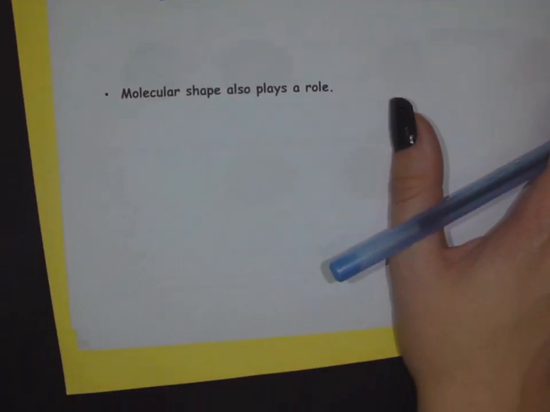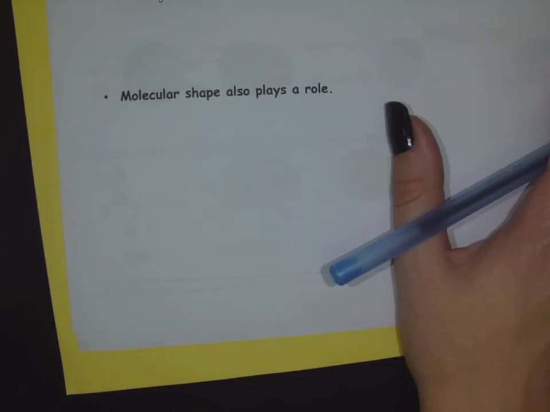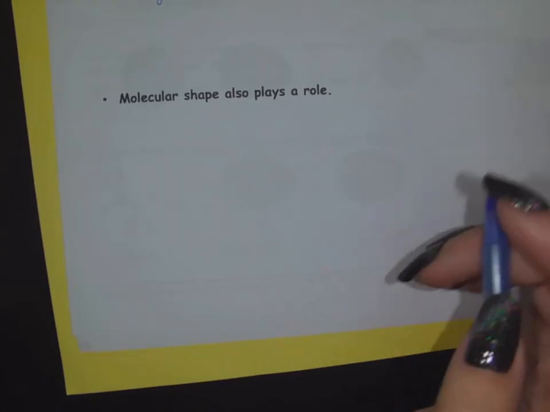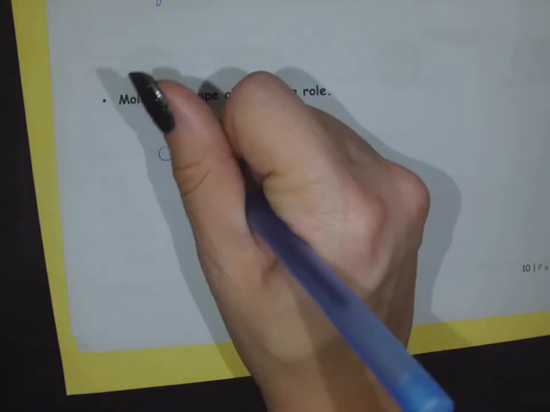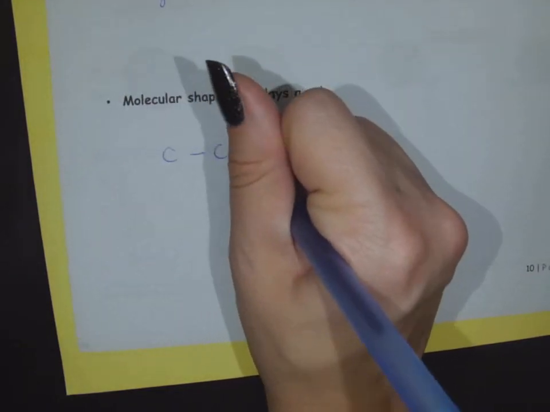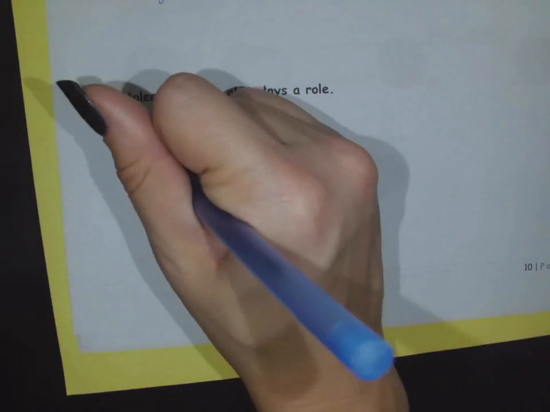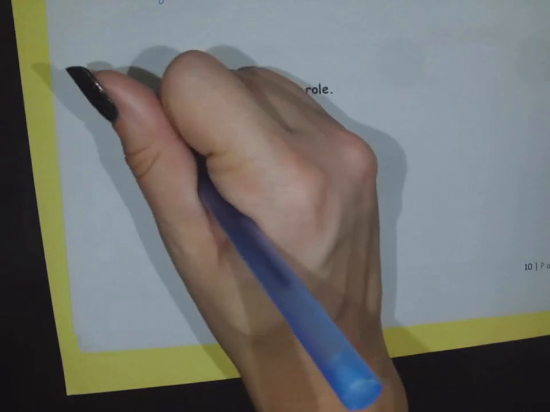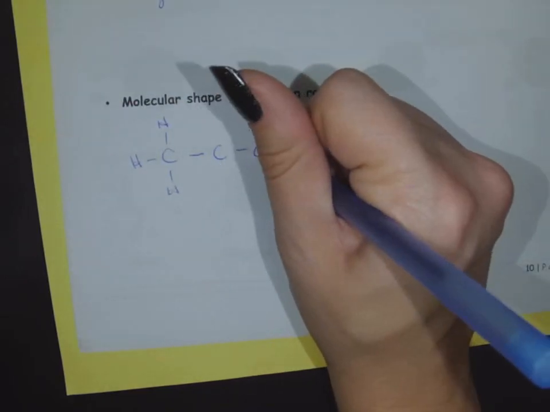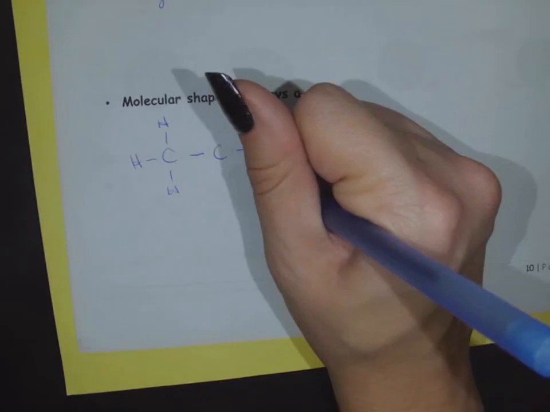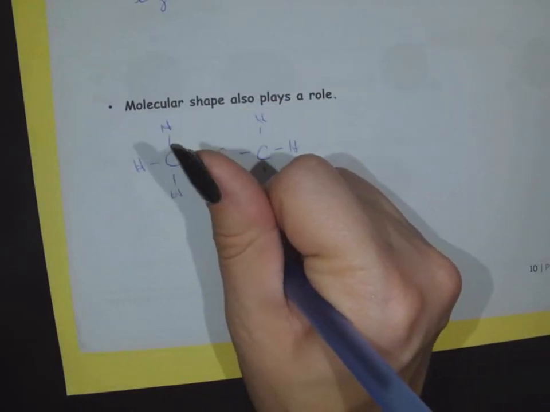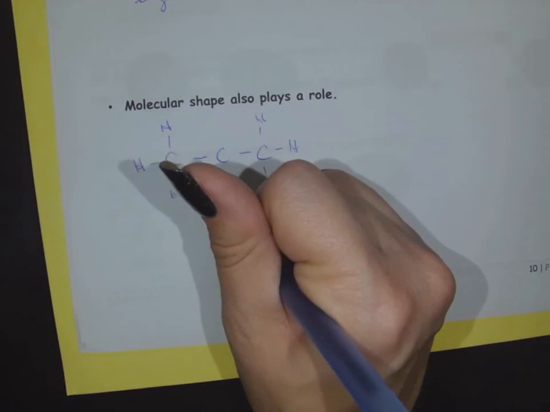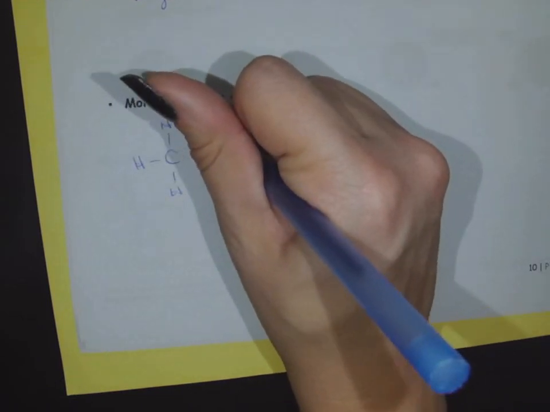Now, imagine I got 2 molecules here, and one of the molecules is looking like this. Carbon, throw some hydrogens on there. And then we're going to put another carbon right here.